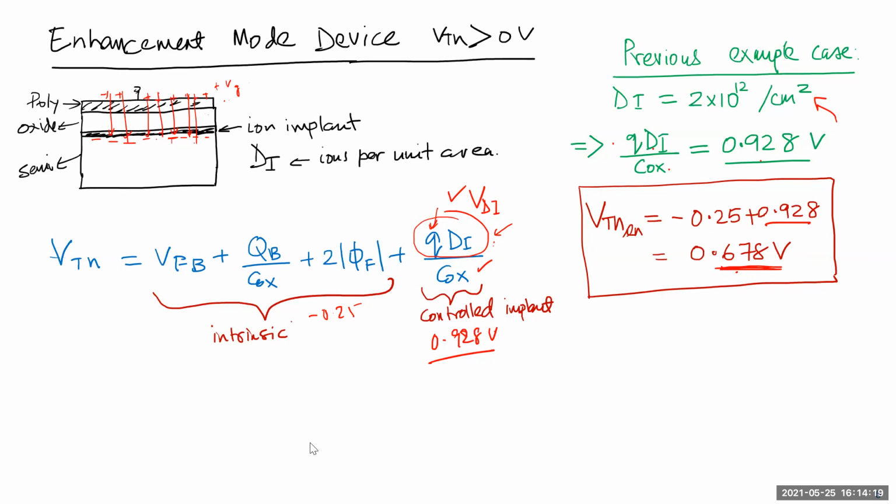Okay, any other questions? Okay, so first in the fabrication process, before applying SiO2, we do ion implantation to adjust the VT. Yes.